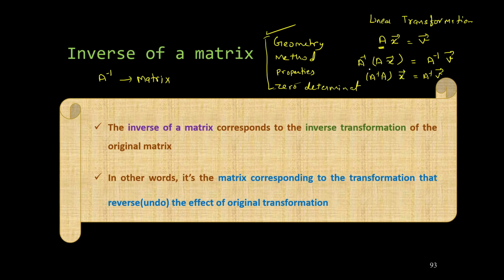You might already know that A inverse A is the matrix I, the identity matrix. Identity matrix means when you multiply any matrix with the identity matrix, you get the same matrix. This kind of math you see in your textbook. So it becomes x is equal to A inverse v.